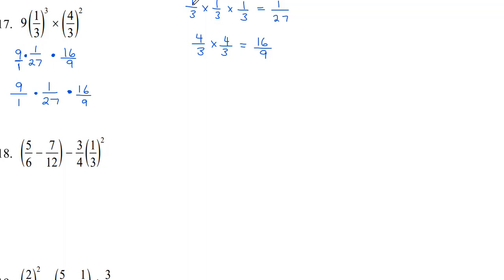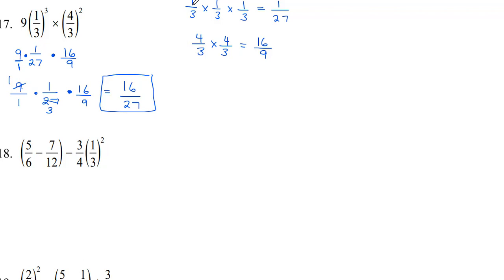So I'm going to cross-reduce here, and I see that I have 9 and 27, so I'm going to divide 9 by 9 and 27 by 9, giving me 3. And that looks like that's about all I can do here. I have a fraction now in the first one, 1 over 1. That's basically nothing, right? It's just equal to 1. So I can ignore that, or I can multiply my numerators. 1 times 1 times 16, which is 16. And then in the denominator, 1 times 3 times 9 is 27. So the result here is 16 over 27.